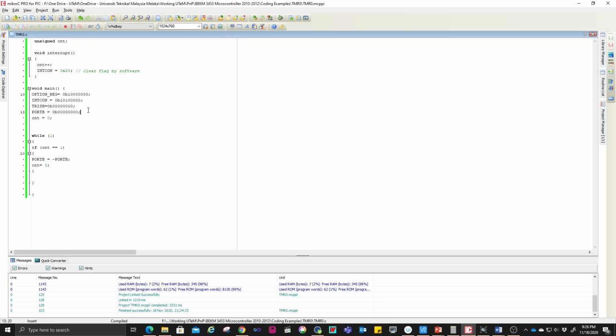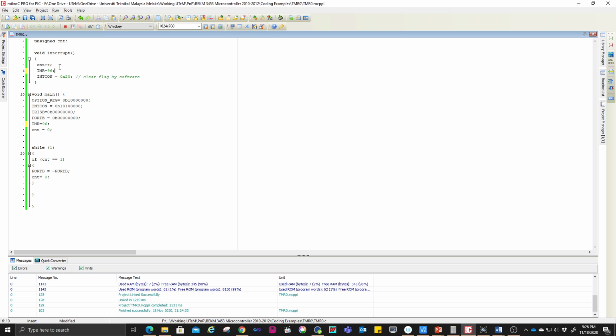Timer 0 now starts at 96. It is not set by default at 0, it will start at 96. Okay, it will start over here.